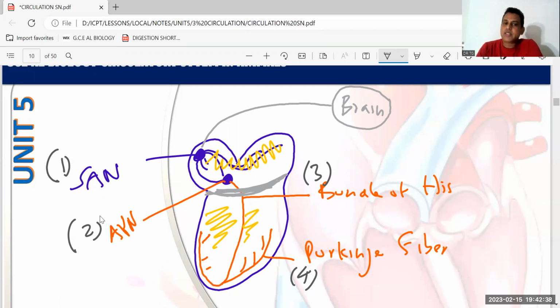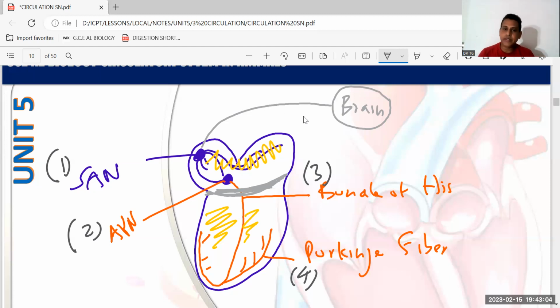The heart can't increase the pumping speed or beat to deliver more oxygen. But the brain identifies this is the situation where muscles need more oxygen and nutrients. Then the brain sends a signal to the heart to increase the heart rate. So this is the communication between the brain and the heart.